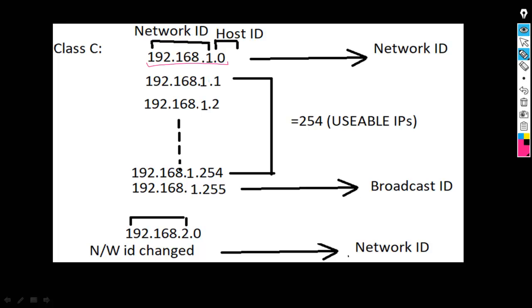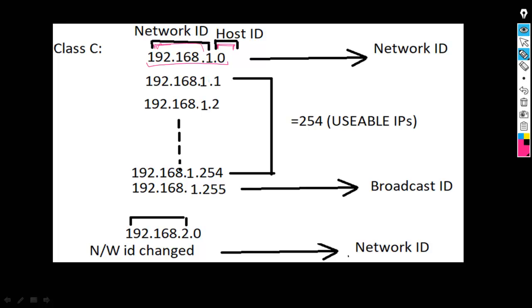The subnet mask of class C is 255.255.255.0. That means this portion belongs to network ID and this portion belongs to host ID. As you can see, 192.168.1.0, this is our first IP.